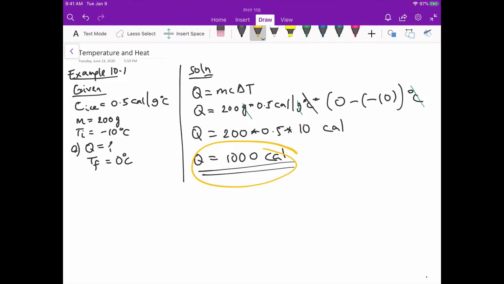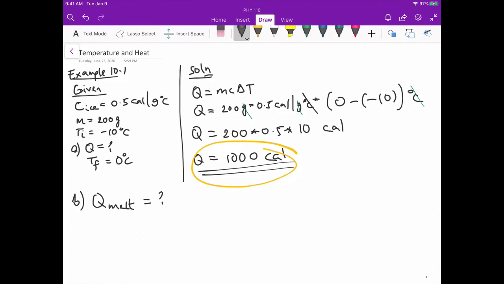Then the problem has part B. Part B states to completely melt the ice. So how much heat energy do you need to completely melt the ice? That means you are asked to find Q melt, sometimes known as Q fusion.